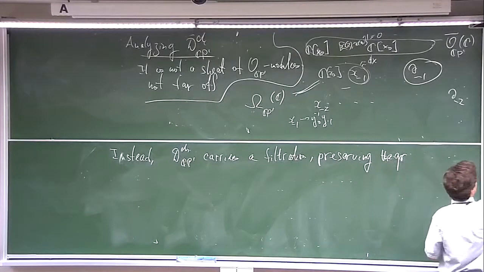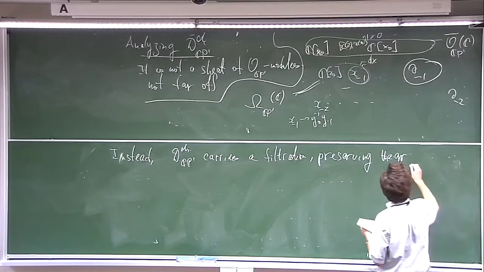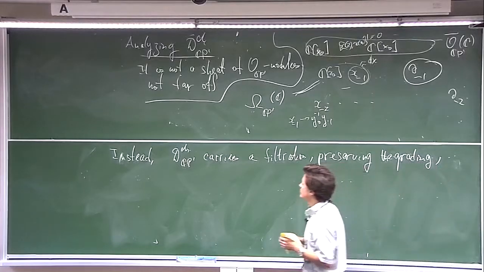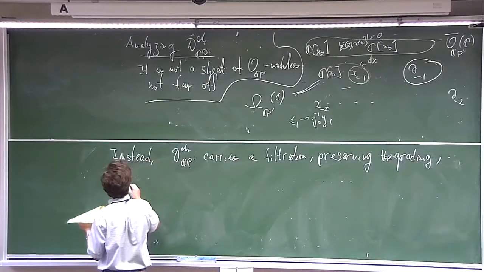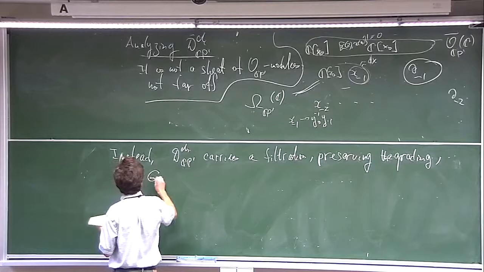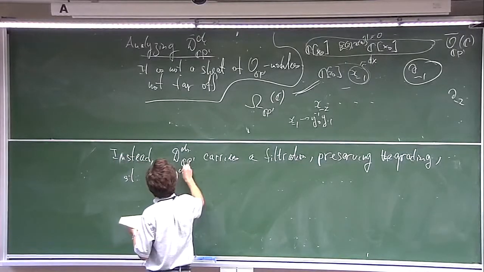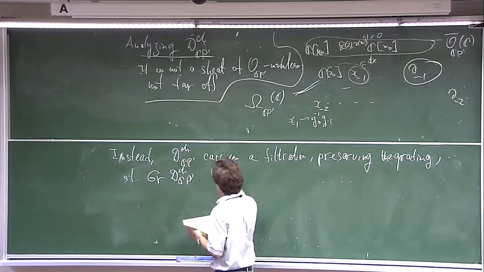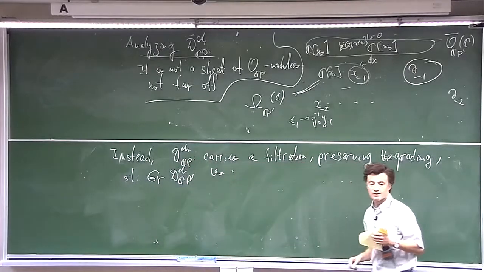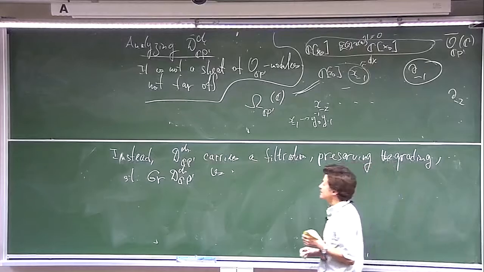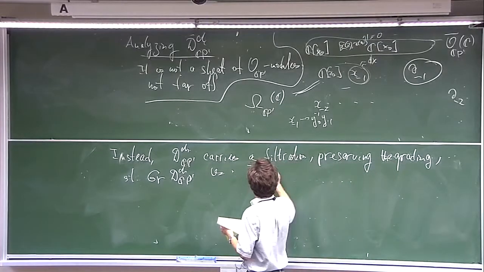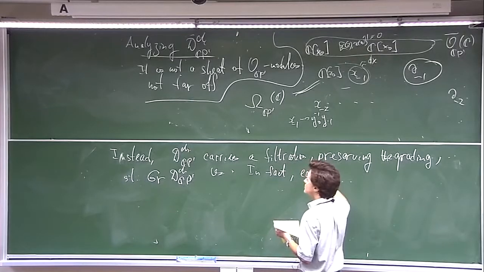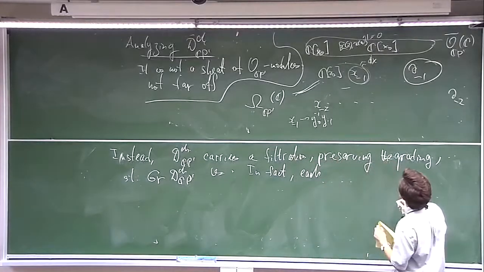The grading is this one, 0, 1, 2, so that the corresponding graded sheaf is, in fact, each component I should have denoted like that.